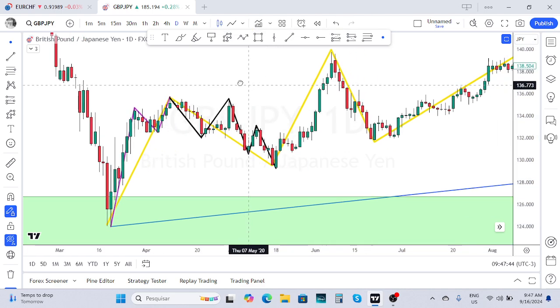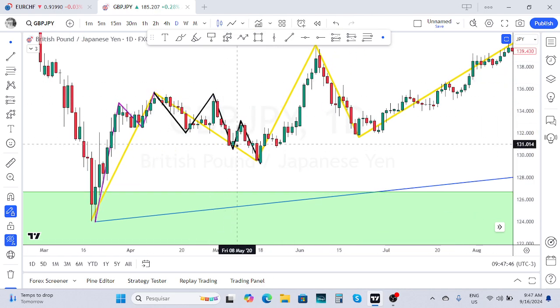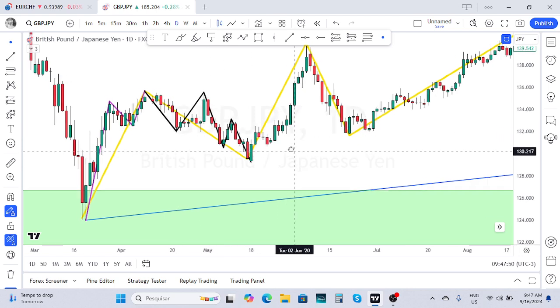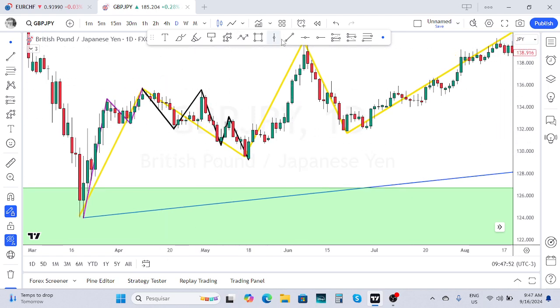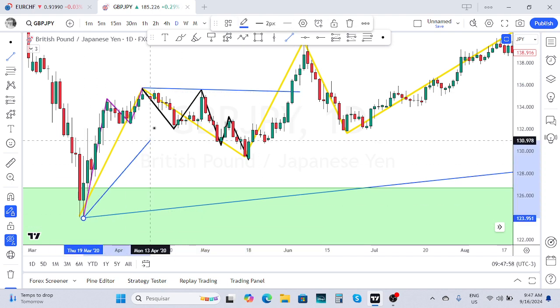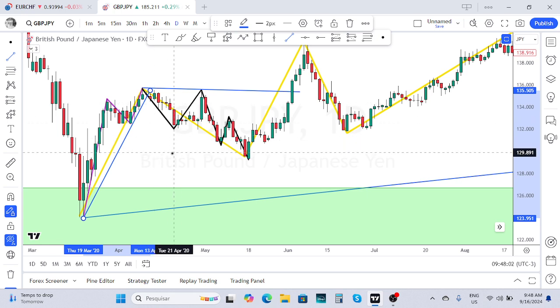Then this black line is the short-term trend, and this one is the short-term uptrend. We have the short-term downtrend. And for each of them, if I wanted to put a trend line, I would also put another trend line like this, back in time, where the market started making its move.